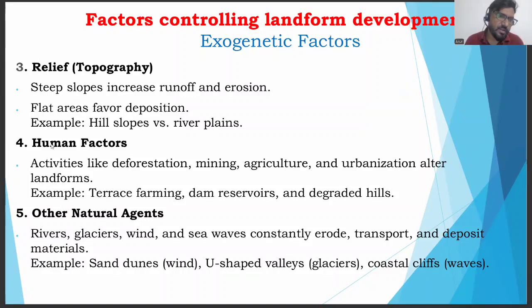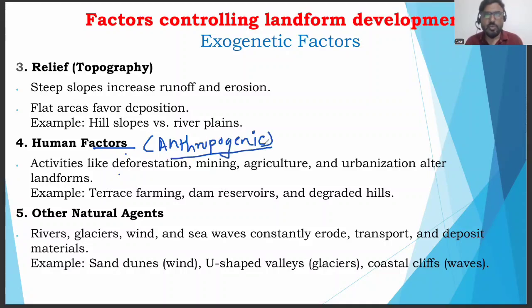So the next factor is the human factors. Human activities are also known as anthropogenic activities, like deforestation, mining, agriculture, urbanization, which alter the landforms.